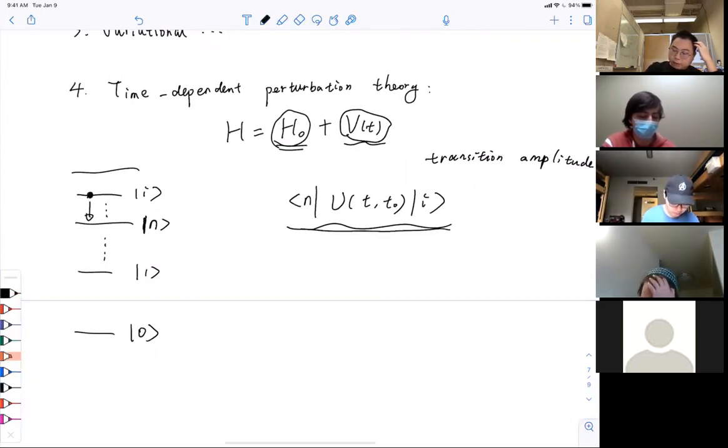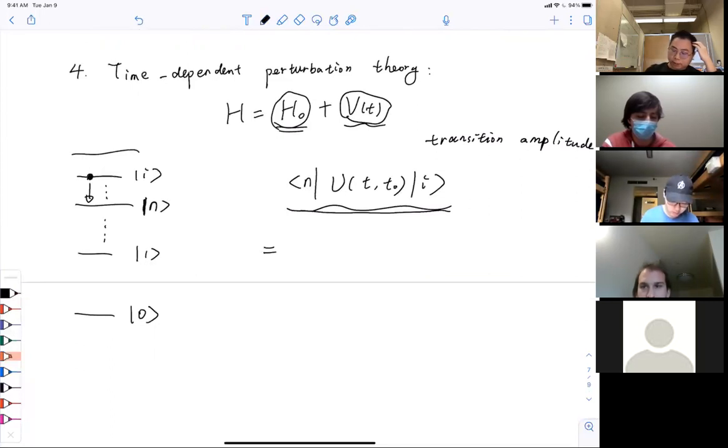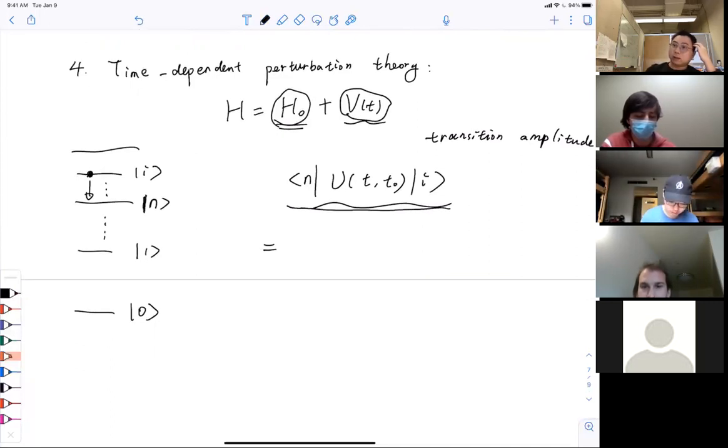This is not very convenient for computational purposes. We usually go to the interaction picture, and there's an equation relating this transition amplitude to a quantity that can be easily calculated, with some phase factor.